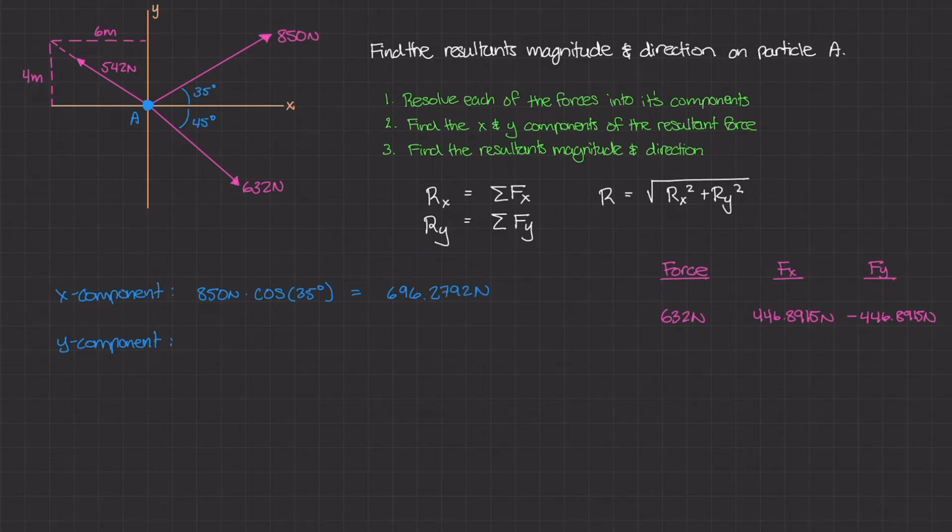Now I can do the same thing for the y side. I'm going to take 850 newtons, the hypotenuse, and this time I'm going to multiply by sine of 35 degrees because we're looking at the opposite side to this angle, that is sine.